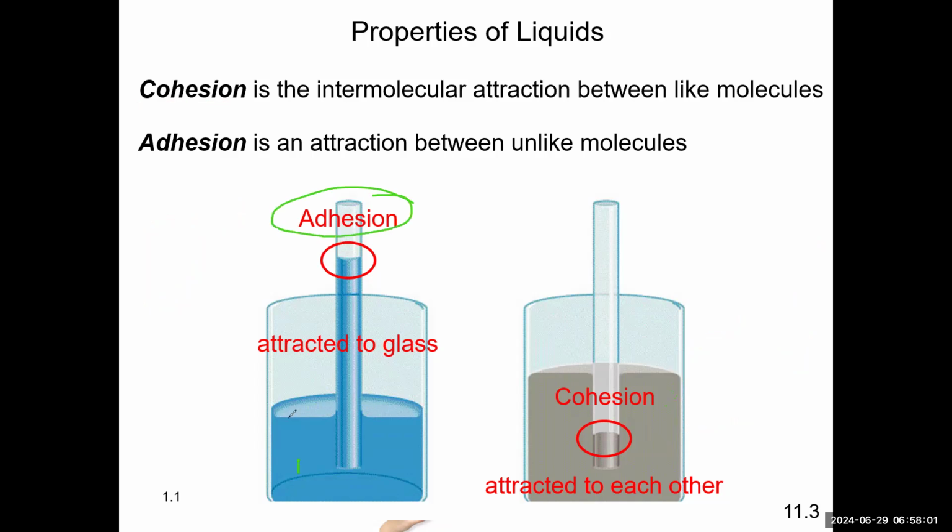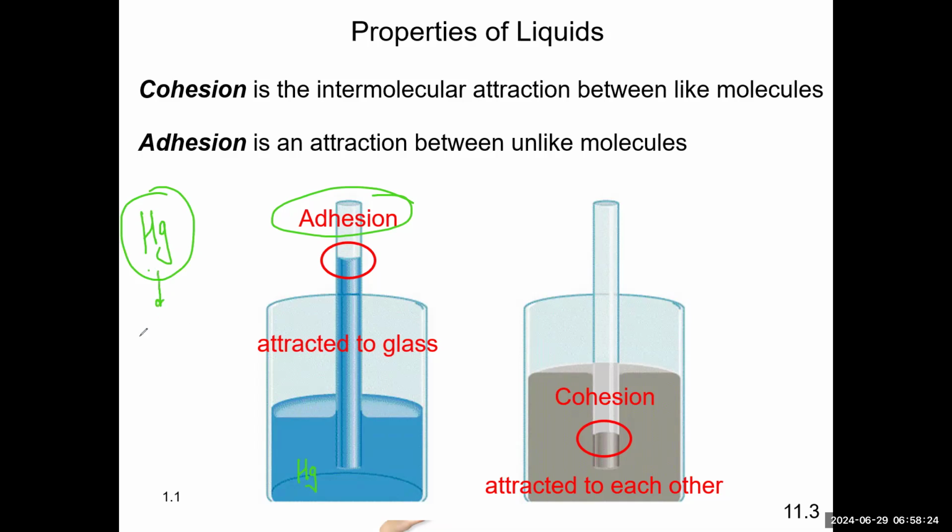here this is mercury. What kind of attractive forces are there in mercury? Yes, please. Mercury. What kind of attractive forces? Oh my God. Mercury. Come on. Yes, very strongest attractive forces as a liquid.